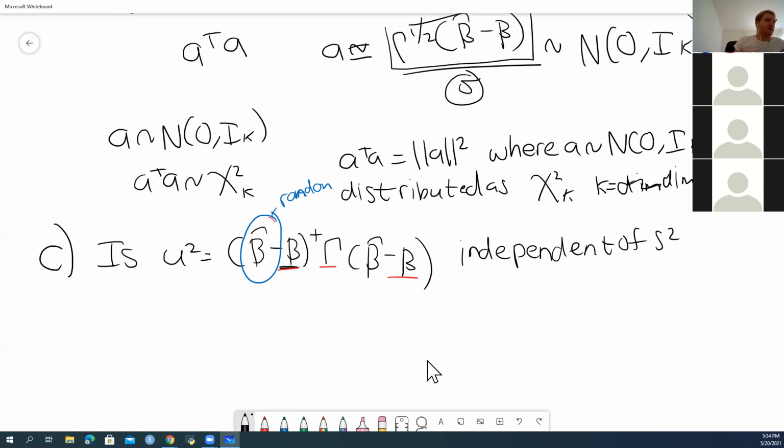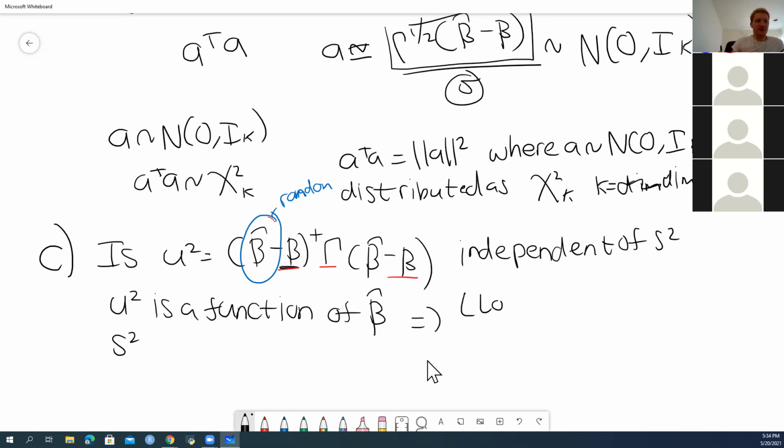So therefore, u squared is a function of beta hat only. The only randomness is coming from beta hat. And then S squared is S squared. And you have already proven, so look at slides or watch a lecture, maybe you already know this, that beta hat and S squared are independent.